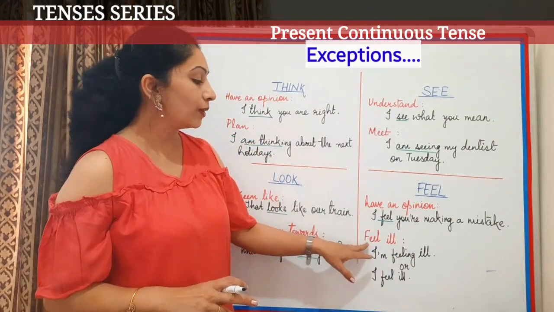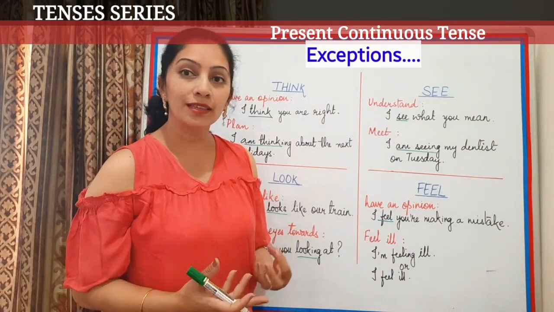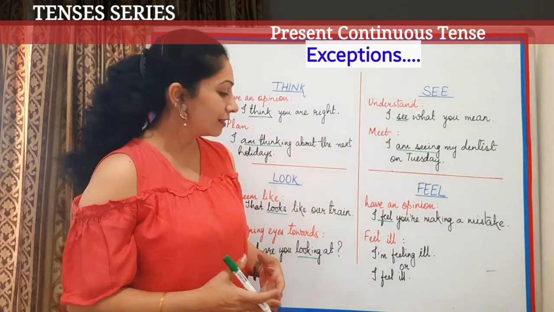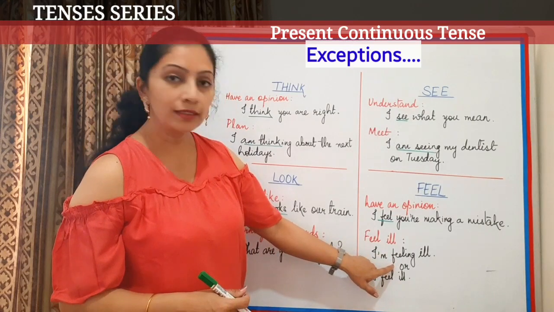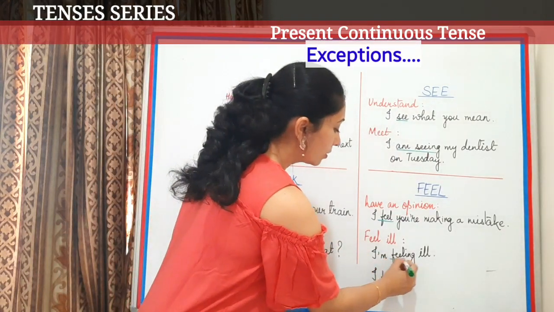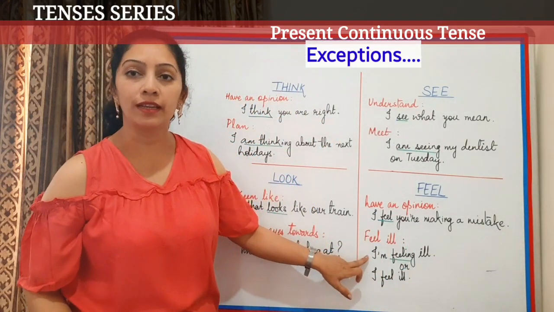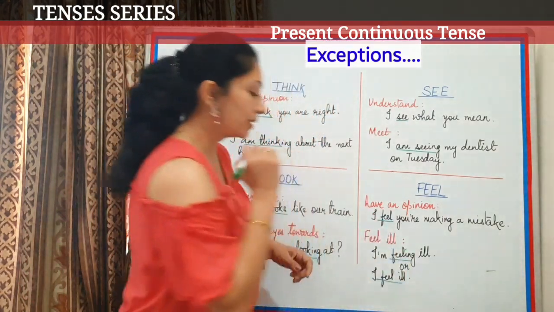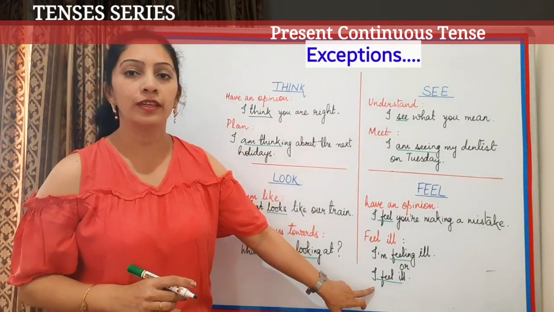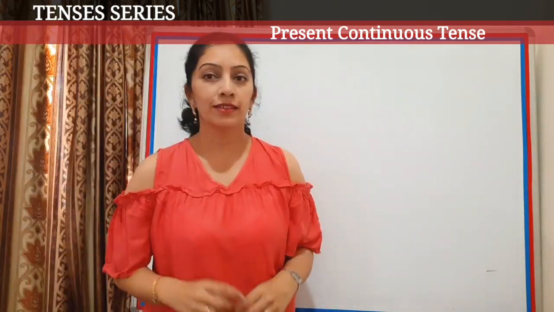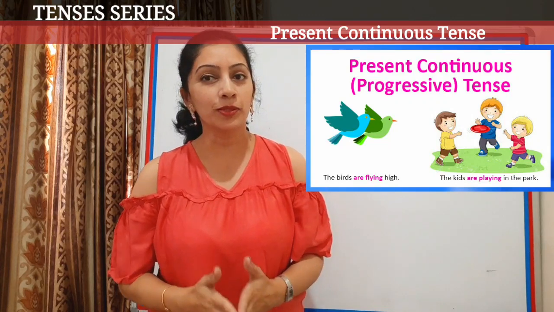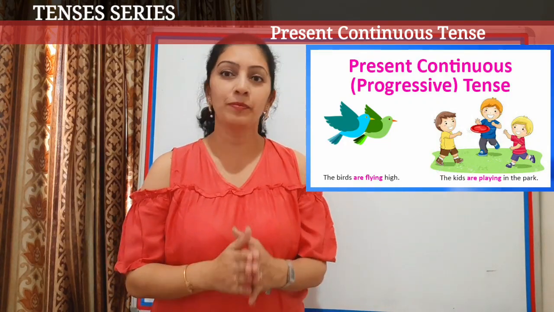But if you are feeling ill or sick or nauseous, then you can use it either in present continuous tense like I am feeling ill, or you can also use it in simple present tense like I feel ill.